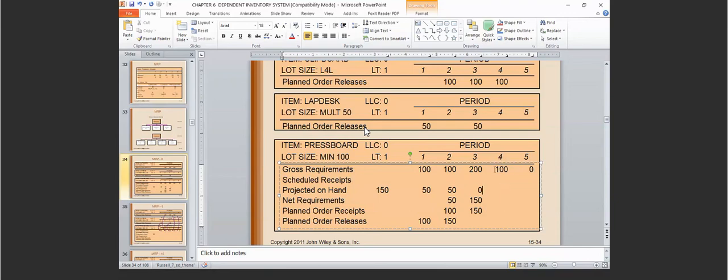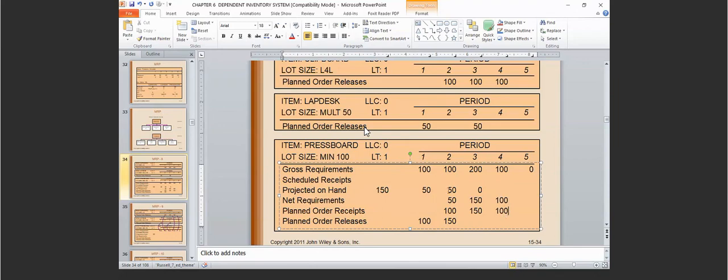And for period 4, we have 100 units of gross requirement with no projected on-hand inventory, and the net requirement here will be 100. And the planned order receipt will also be 100, matching the lot sizing technique of the minimum requirement of 100.